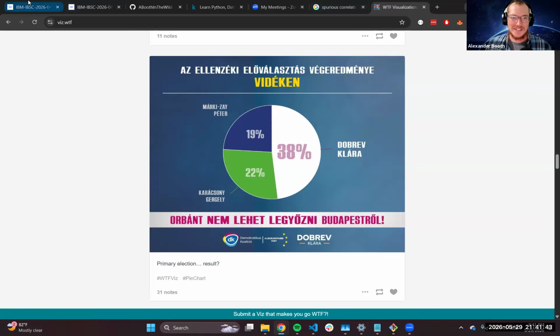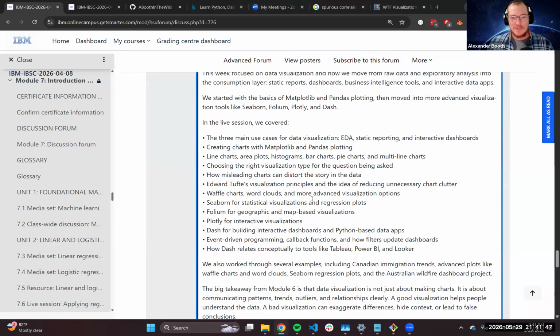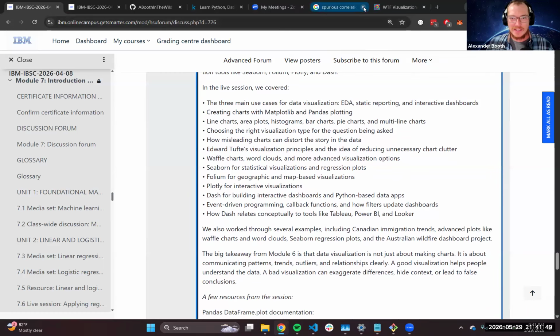Anyway, we talked a lot. I have a lot of fun with bad visualizations. So then we moved into more advanced visualization topics. That includes waffle charts, word clouds, more advanced regression plots and visualization options, including statistical visualizations. We looked at adding error bars to our bar charts, as well as pair plots, things like that.